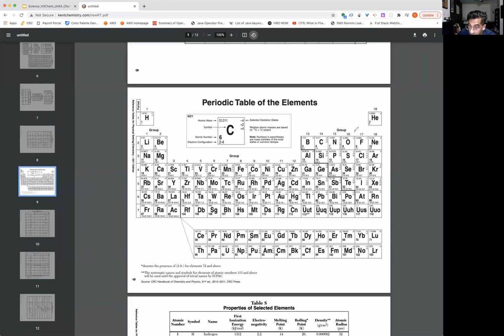And all we need to do is go over here and take a look at this. So I could have circled this entire group or family, group 16. And the reason I could have circled the entire thing is if we go through, I'm going to zoom in a little so it's easier to see.